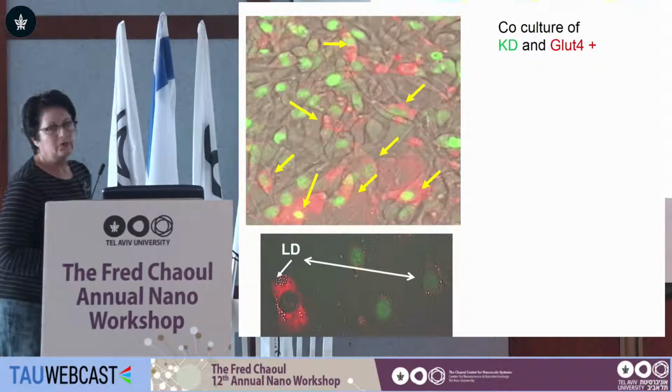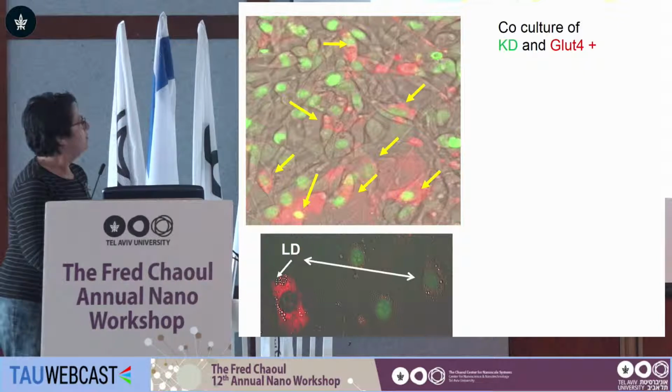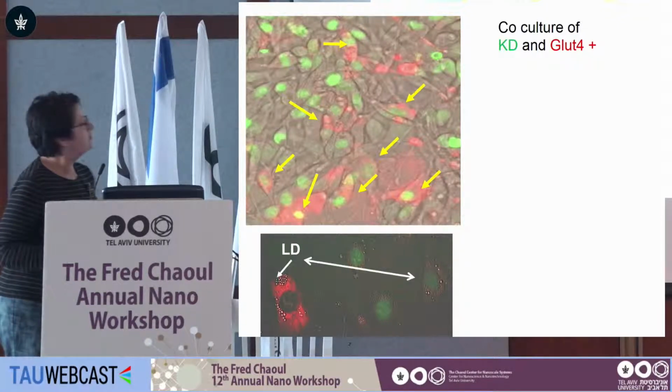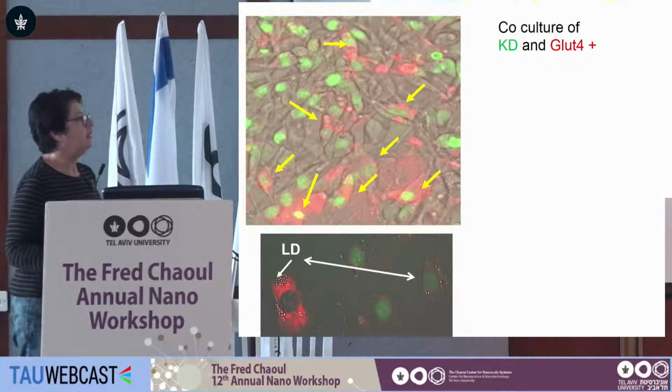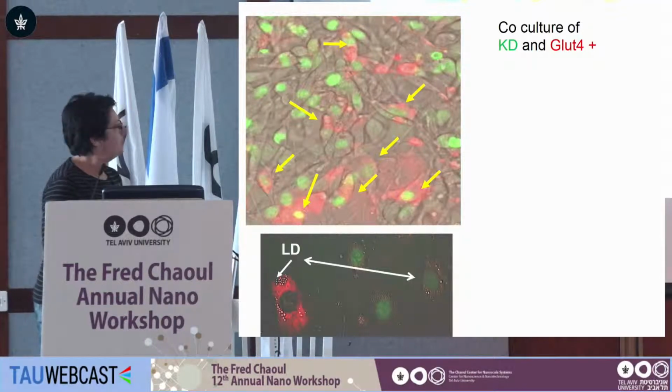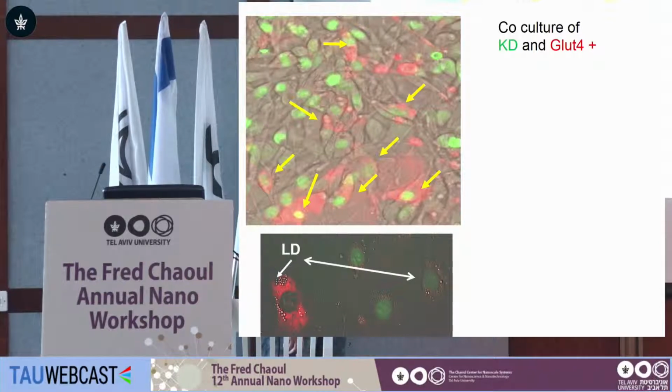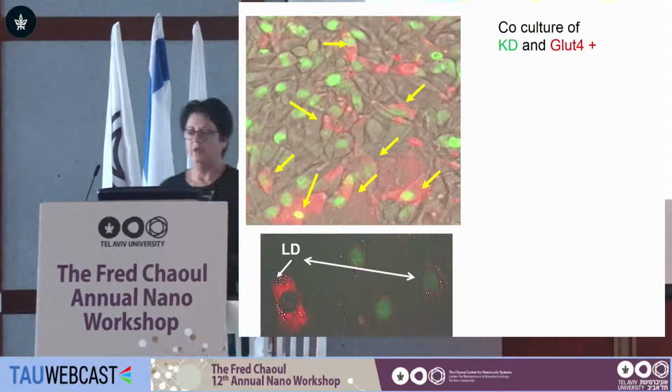The green are knocked down for some specific protein, and the red ones are GLUT4 positive cells. GLUT4 is a very important transporter for getting glucose into the cell, and it is essential in order for the cell to become an adipocyte and to gain its lipid droplets and the differentiation pathway.